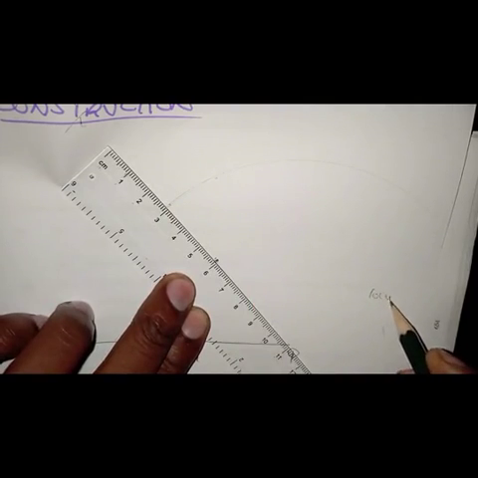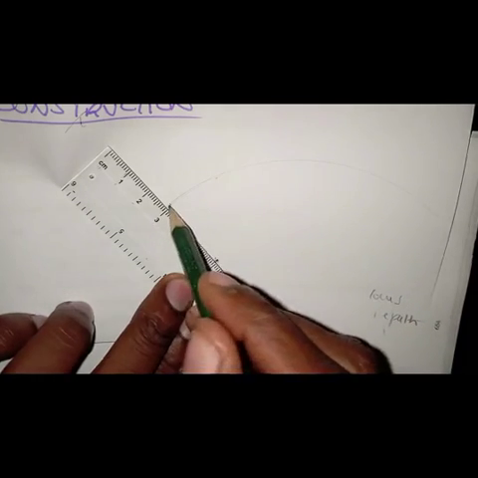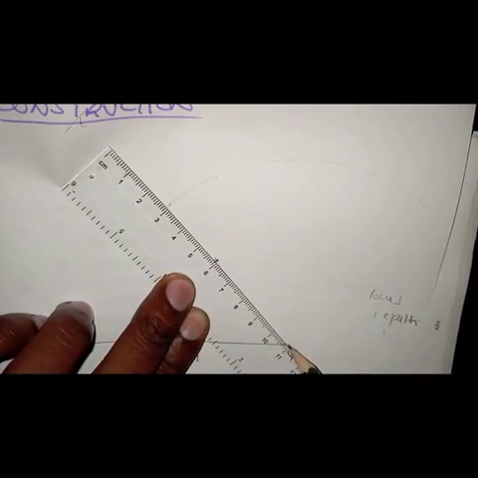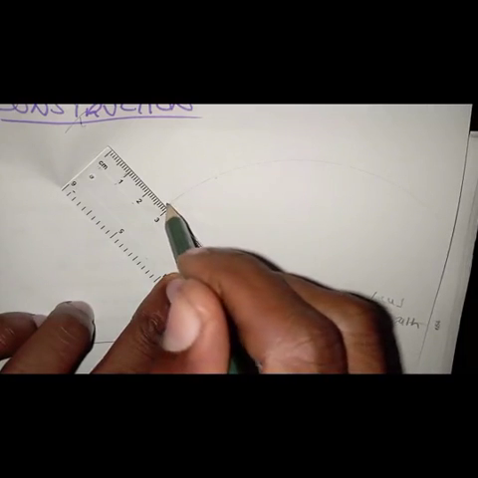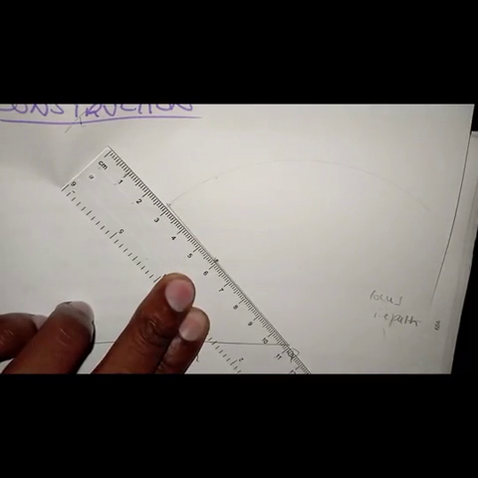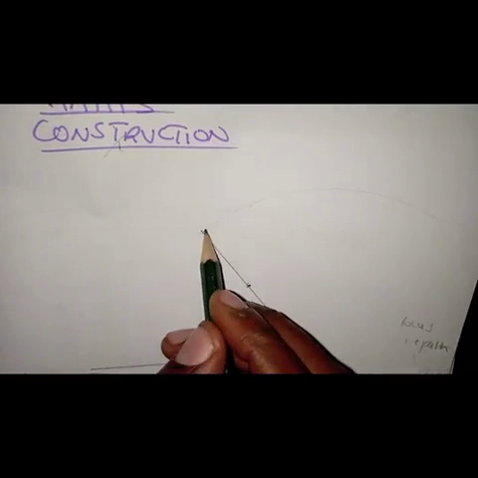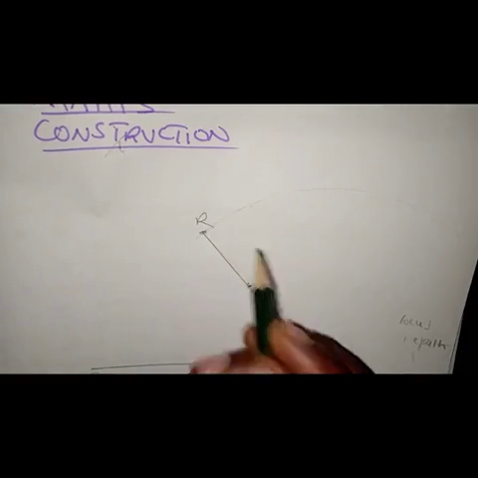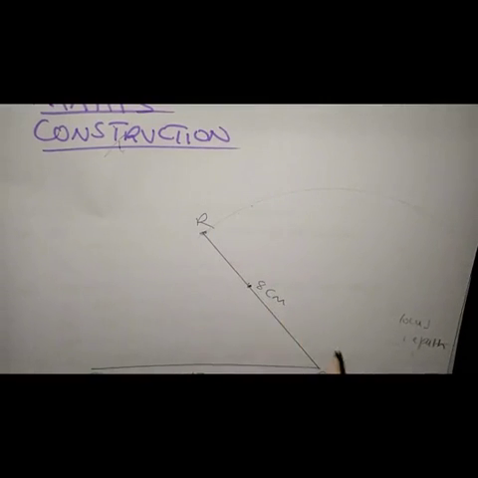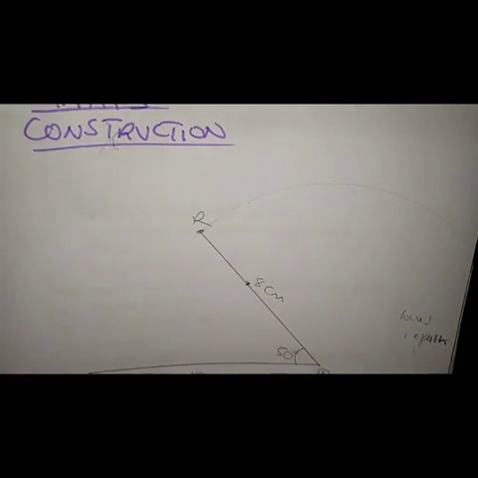Locus means path. So you draw up to there. Remember this was your 8 centimeters, it means that's where point R is. So this one is 8 centimeters and this angle we measured was 50 degrees. There's no problem indicating. There are some who don't indicate, it's fine.